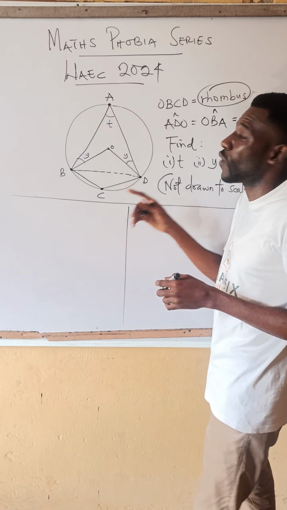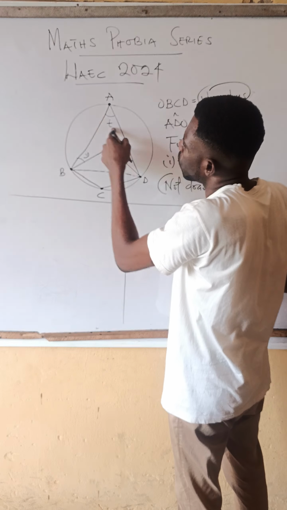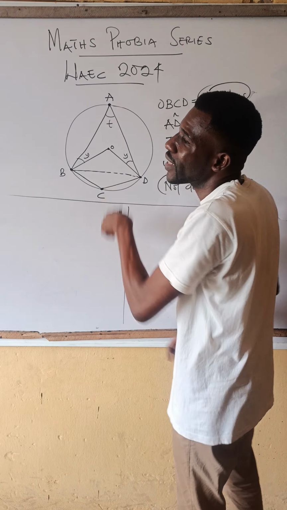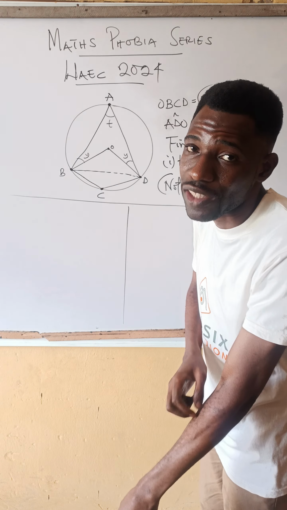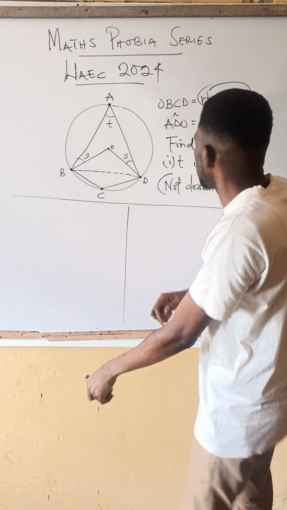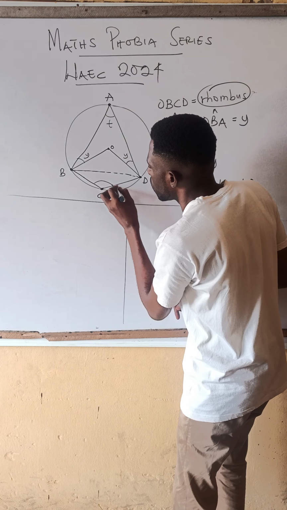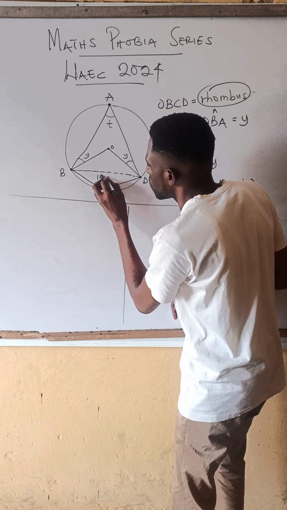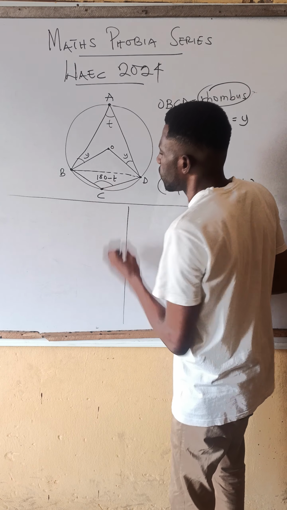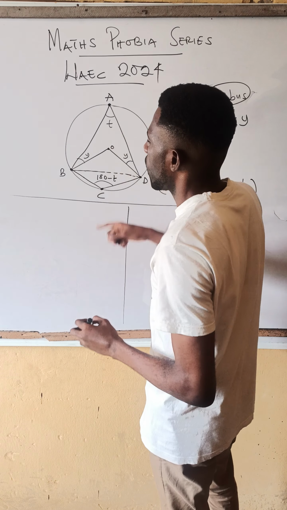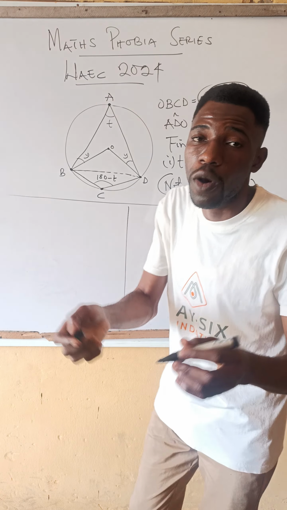And what's the first condition for a cyclic quadrilateral? If here is t, opposite angles of a cyclic quadrilateral are supplementary. What do I mean by that? If here is t, it means here is going to be 180 minus t. Opposite angles of a cyclic quadrilateral sum up to 180.